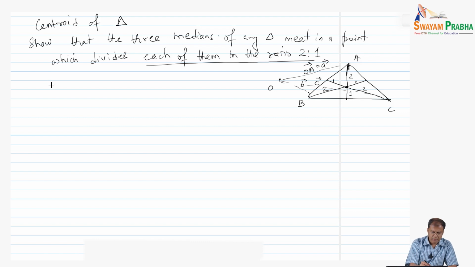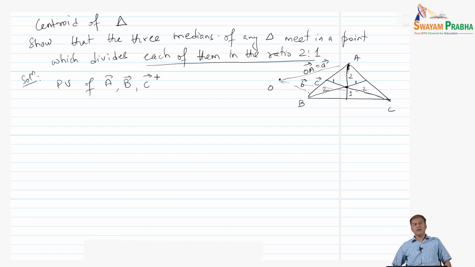Let us say my position vectors of the points A, B and C are given by the vectors a, b and c, small letters.